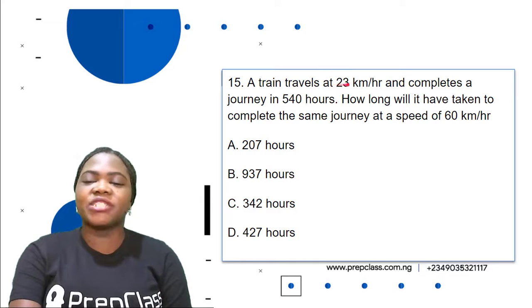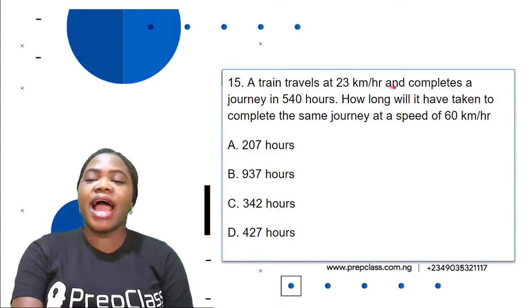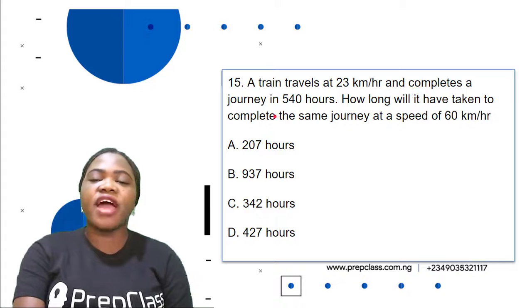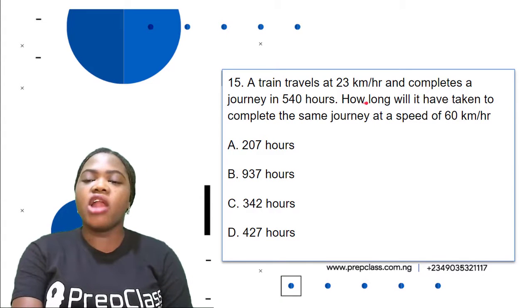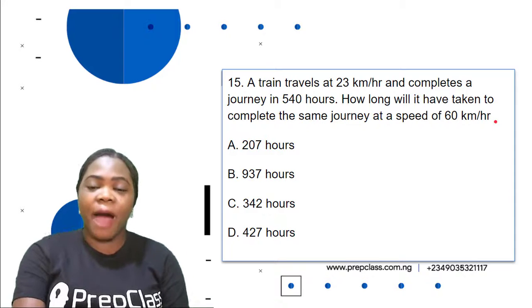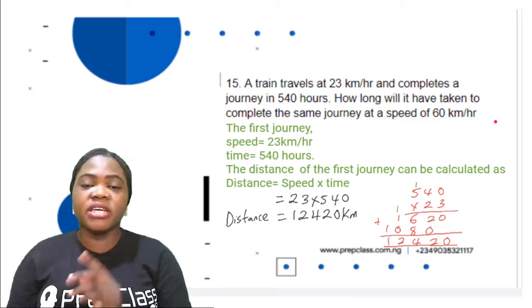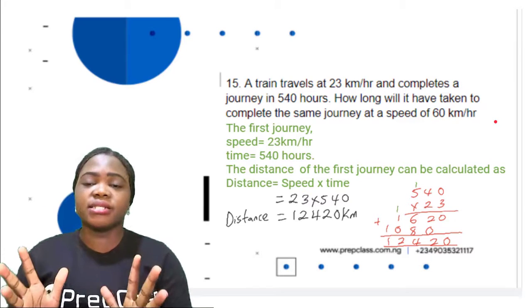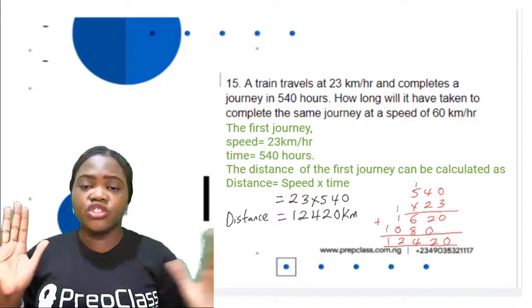Now to the last question in this video. A train travels at 23 km per hour and completes a journey in 540 hours. How long will it have taken to complete the same journey at a speed of 60 km per hour? Wow, this is a very interesting question. In this question, there are two journeys.